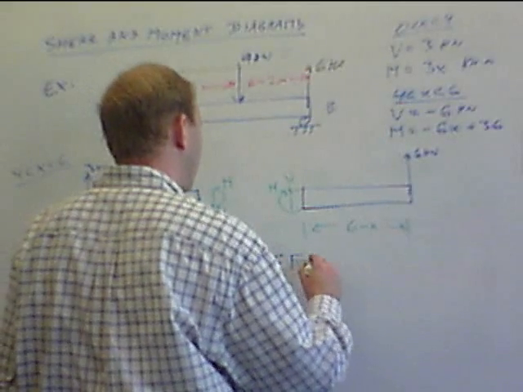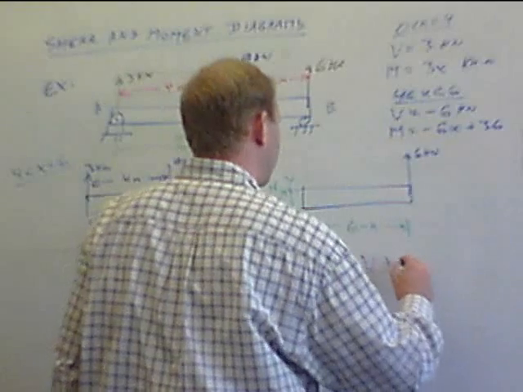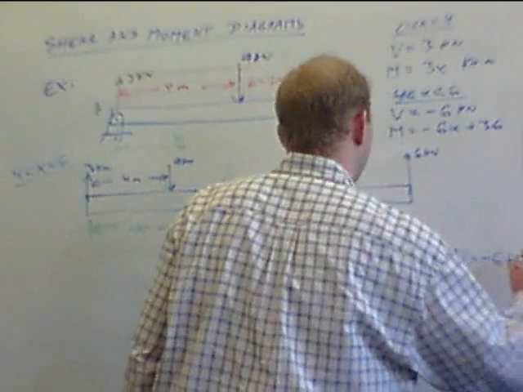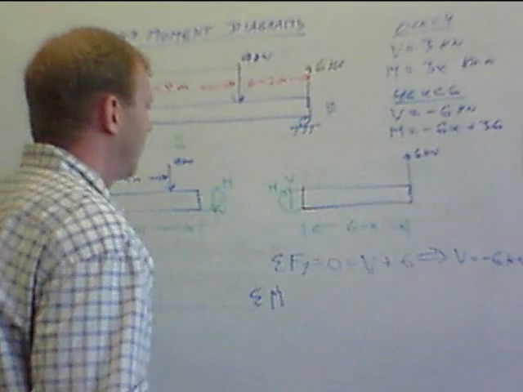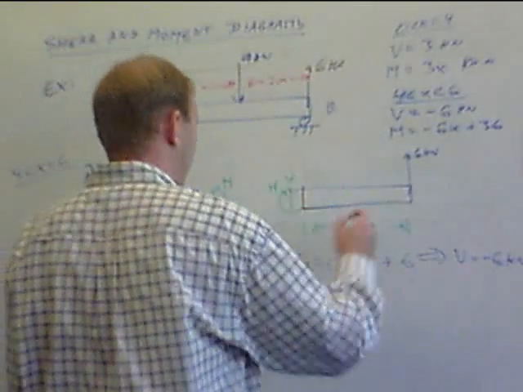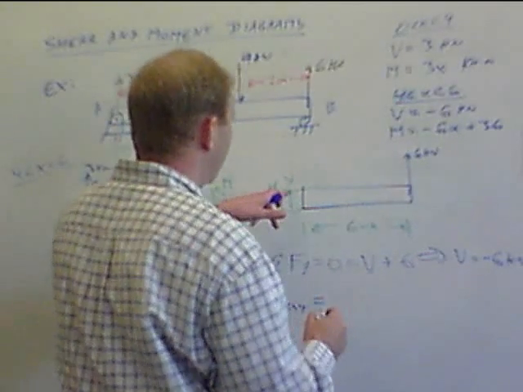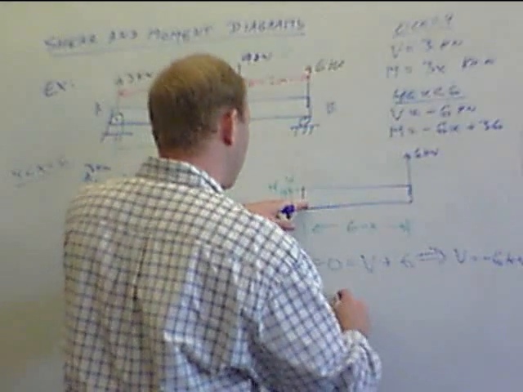Summation of forces in the y equals 0 equals V plus 6. So that gives me V equals minus 6 kilonewtons. Summation of moment, it doesn't matter, I'll take moment about the cut, is equal to, well, the shear force drops out, so this is going counterclockwise.